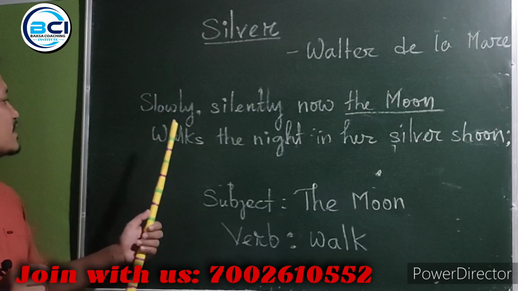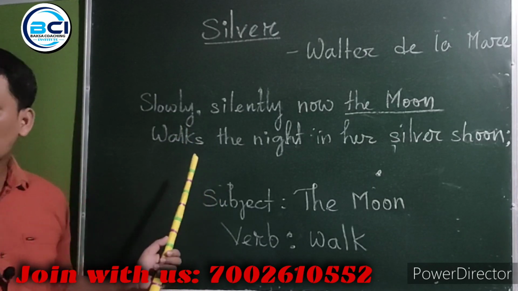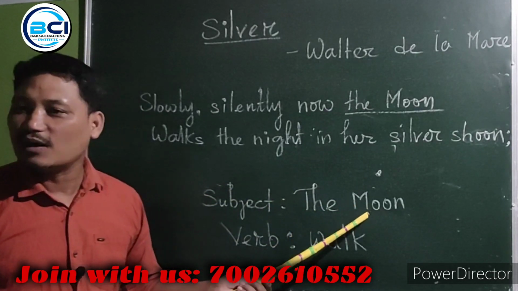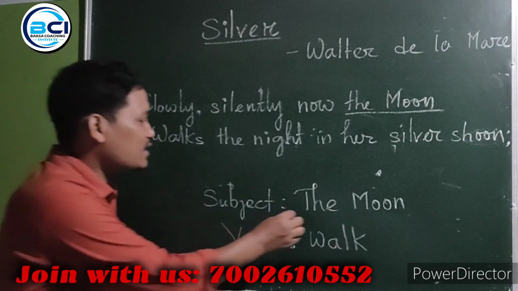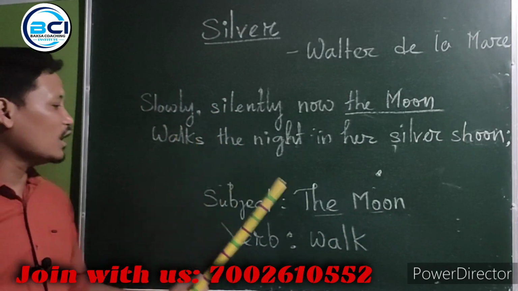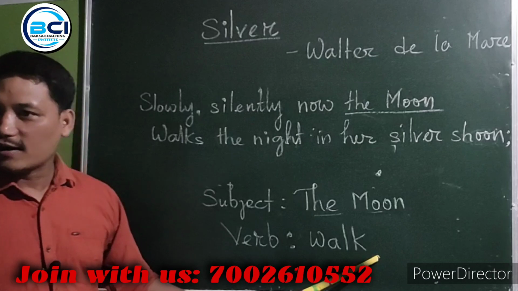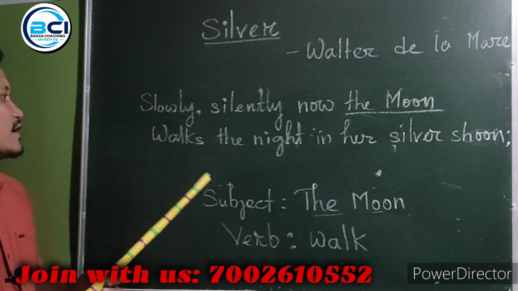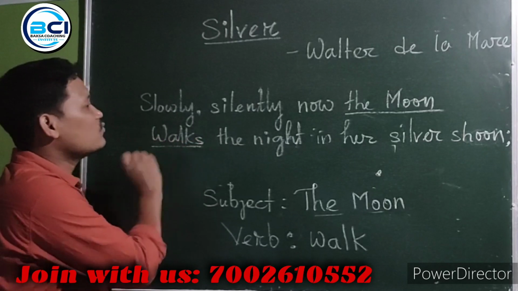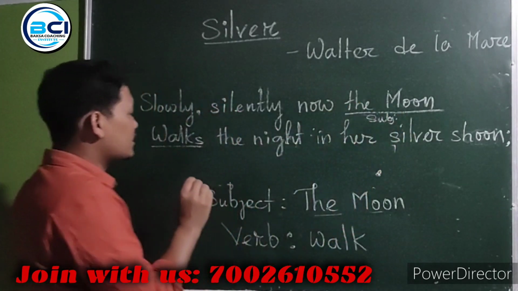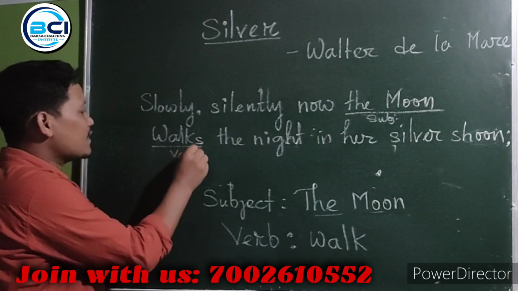But why is this s added to this word? Because of the third person singular number subject. The subject is third person singular, so therefore the verb walk has taken the help of the s here, right? Okay, so we have got 2 points here. This is the subject of the sentence and this is the verb, right?